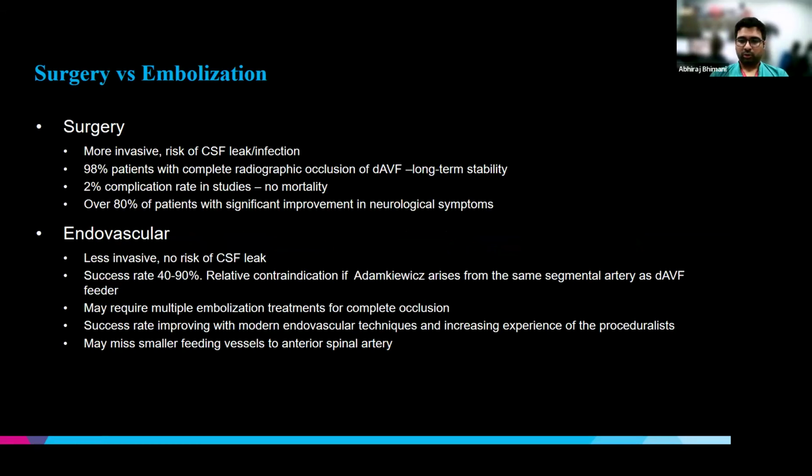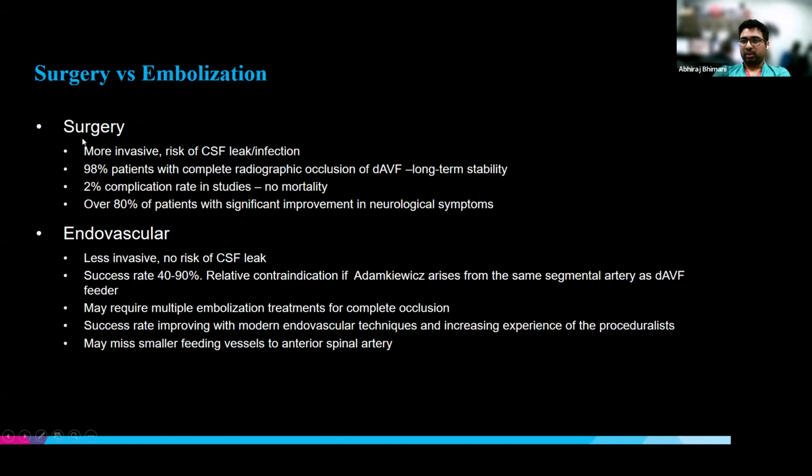In the surgical approach, you're exposing the venous side of things, and you're just ligating that vein. So you are not getting into the Adamkiewicz because you are intradural. You are basically targeting that venous connection inside. So you have zero risk of getting the Adamkiewicz with surgery, as long as you localize the dural fistula.